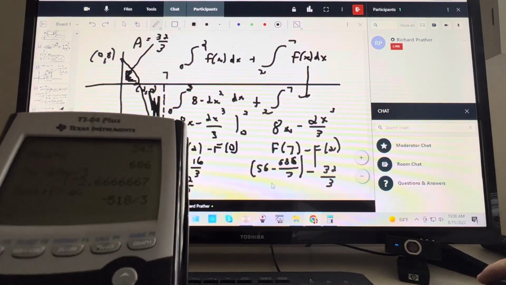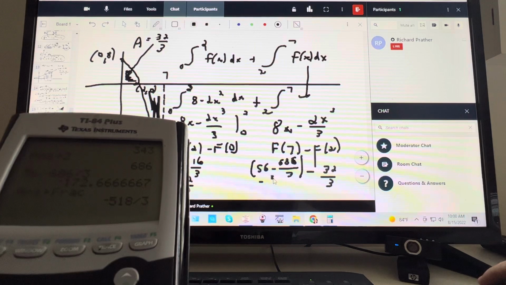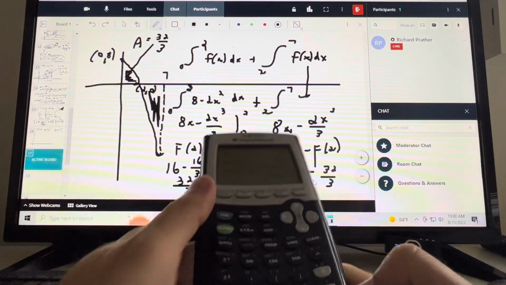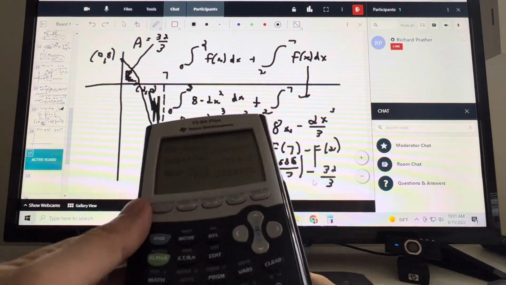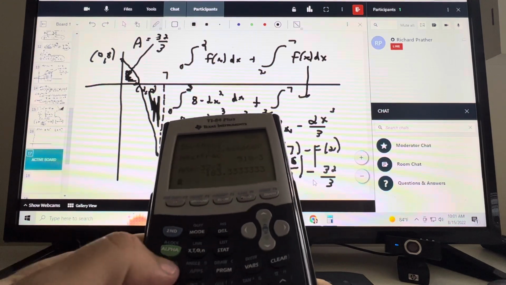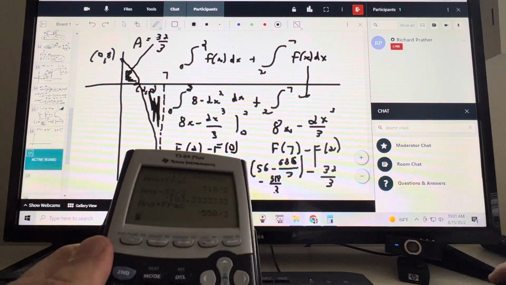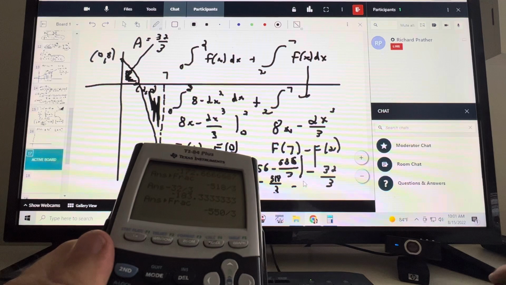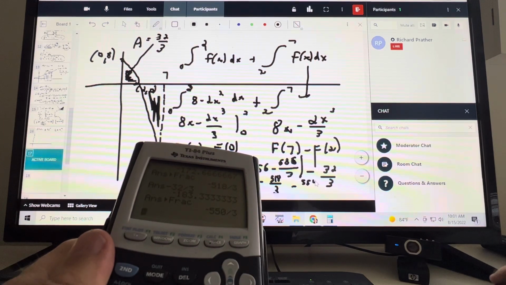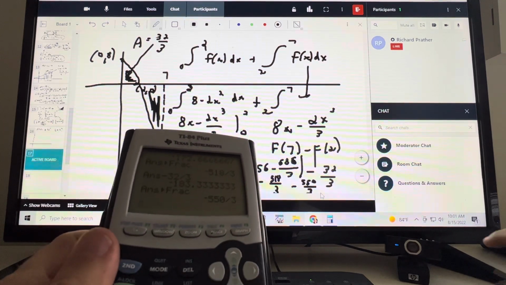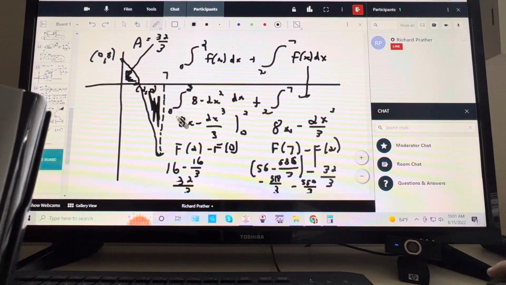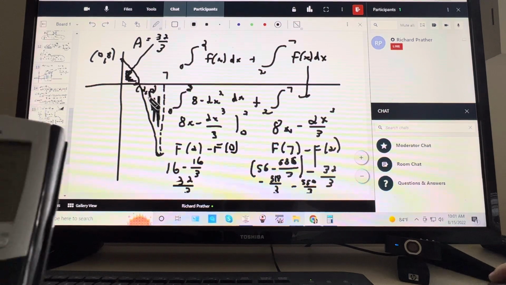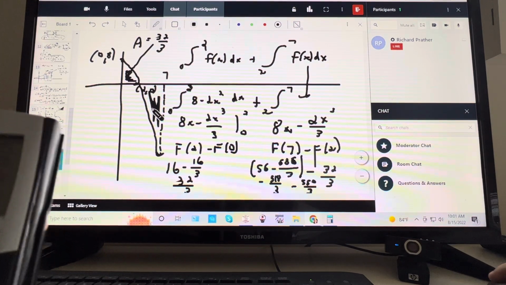See, this is negative 518 over 3. Minus 32 over 3 is negative 183.333. Math, enter, enter. This is negative 550 over 3, which is negative 183. So this was a little more than positive 10 here, and this is negative 183.